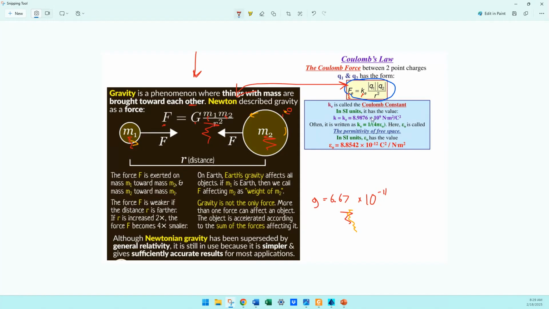This constant's a gigantic number. This constant was a tiny weeny number. Then we have two different things being multiplied by each other, and then the radius between them squared. This electrostatic force is also a fundamental force of the universe, and isn't it interesting how similar these two equations are? Obviously we'll talk about Coulomb's law at some point.